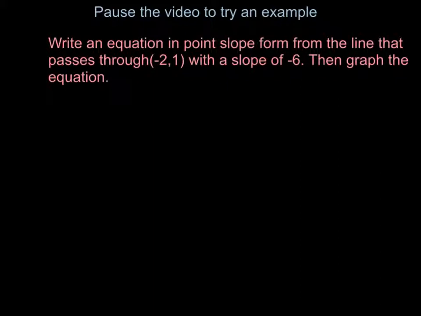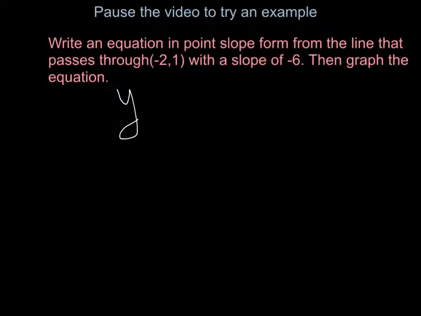Pause the video to try an example. Write an equation in point-slope form for the line that passes through (-2, 1) with a slope of -6. Then graph the equation. So the first thing we want to do is write out our point-slope form.